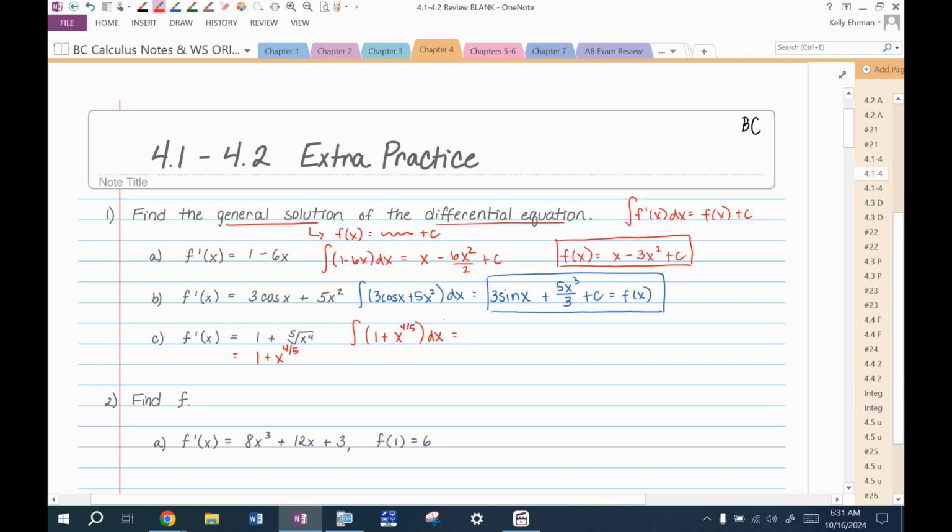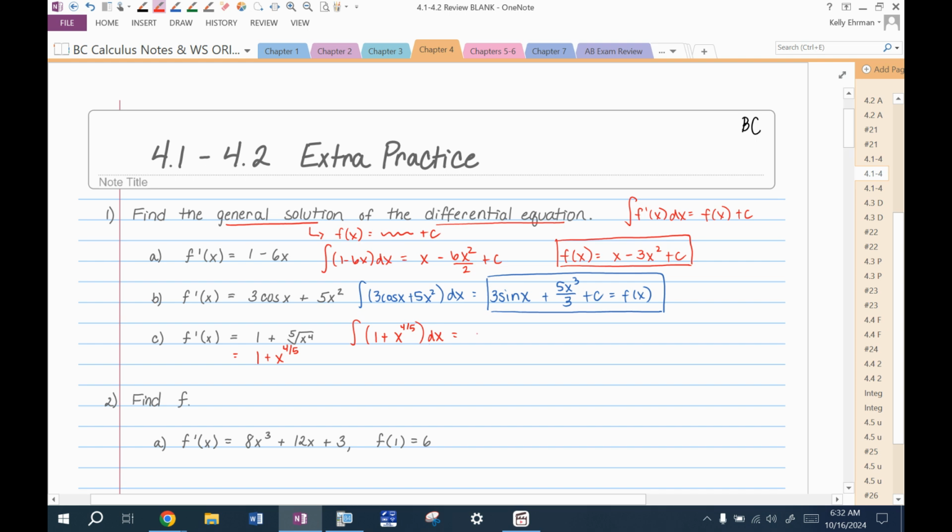dx. Make sure you're setting these integrals up correctly, by the way. You need parentheses around the expression if it's more than one term. You need to have dx here. If you just have the integral of the expression, you technically wouldn't get credit for writing the integrand.